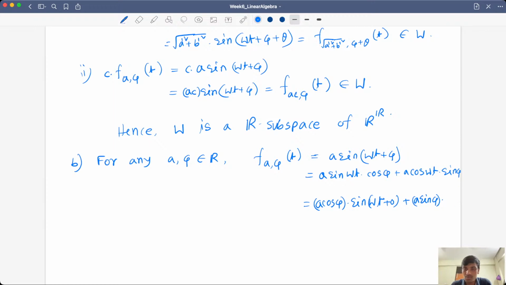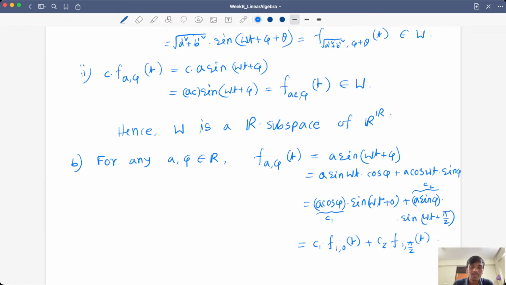So cos of omega t is the same as sine of omega t plus pi by 2, right? So this is sine(omega t plus pi by 2), and a cos phi is a constant. Let me write that as c1 and this as c2. Then this is c1 f of (1, 0) of t plus c2 f of (1, pi by 2) of t.